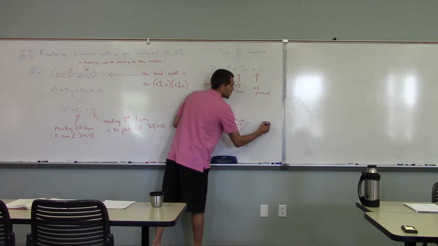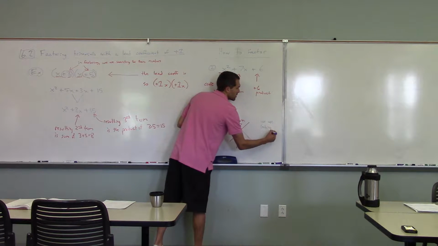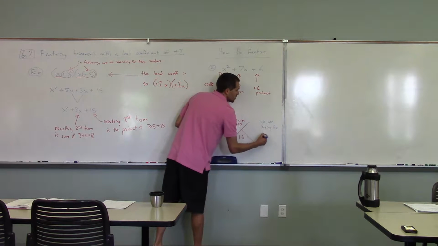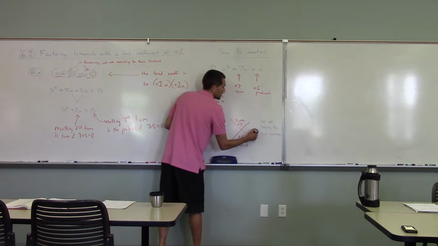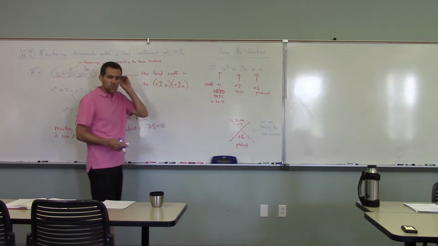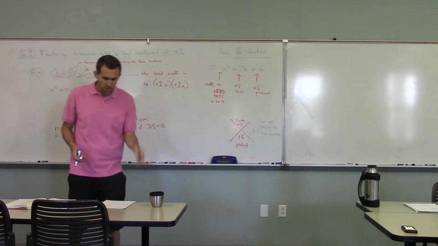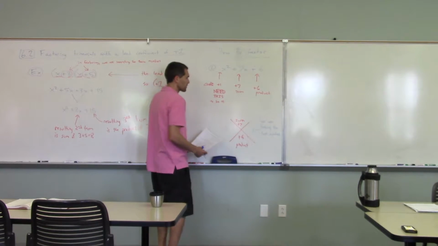And we are looking for two numbers, one here and one here. This is the way I write it. I call this X factoring because I write a big X.